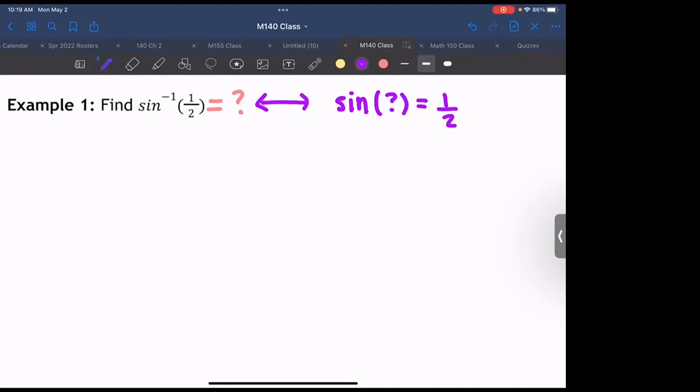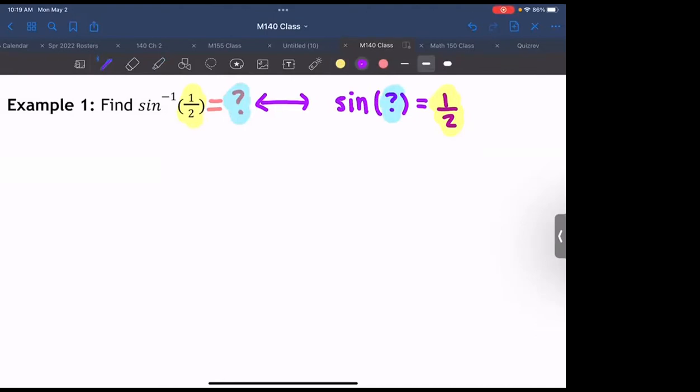Inverse functions flip everything. It flips the x value and the y value. So we're taking the x value and moving it over to the y value side, and moving the y value to the x value. So we're swapping the two.